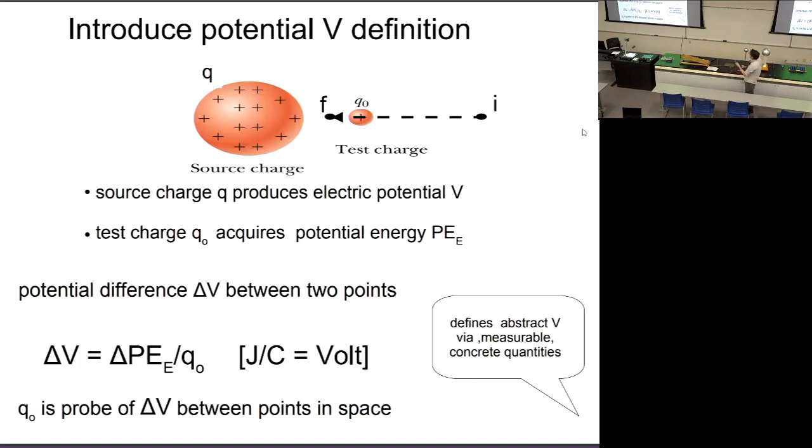So I pictured that all upstairs here. Over here on the left, the source charge is a source of electric potential V. We're thinking of the test charge as being the probe of the electrical potential V.